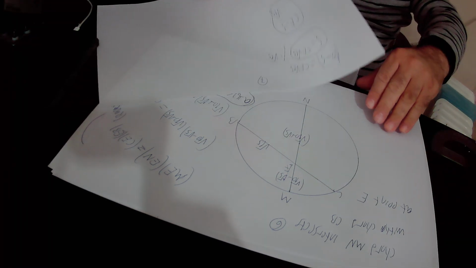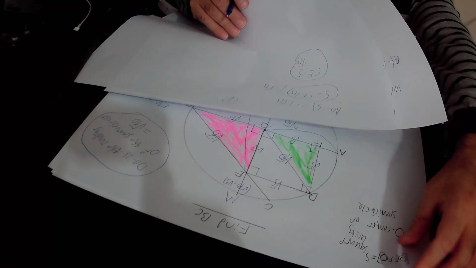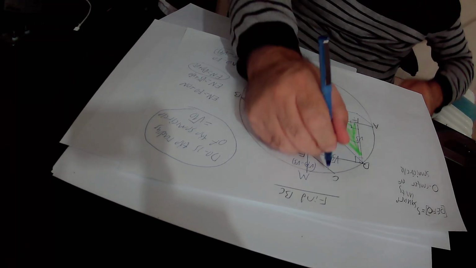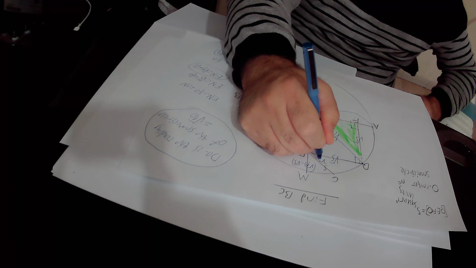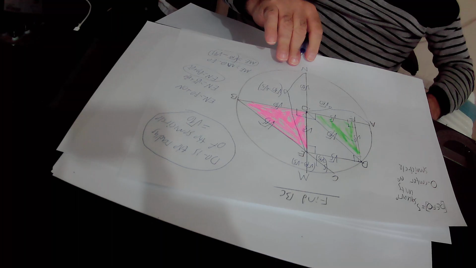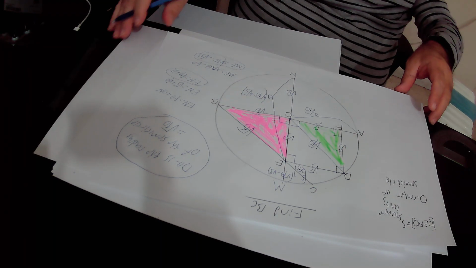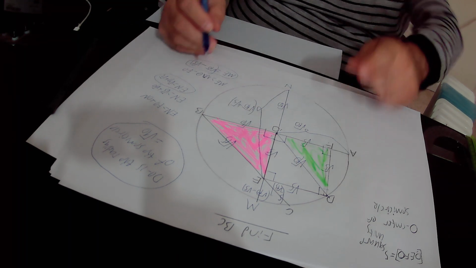CE equals 5 over square root of 15. And the line segment that we are looking for, the chord that we are looking for, is CB.